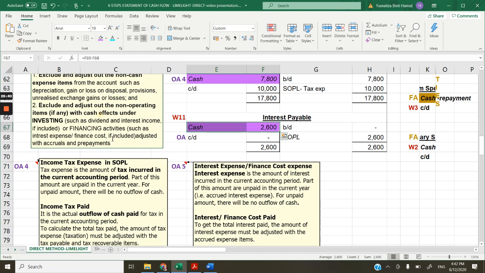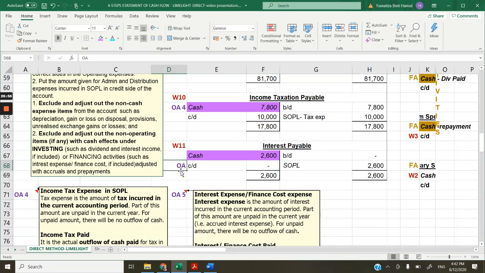And your interest paid is 2,600. In case you have a different figure here, maybe you have a balance at the beginning for the accrued expenses and a balance at the end as well, go and adjust that first. But for today, this is the figure, and these two figures will be transferred to the statement of cash flow, and that will be after cash generated from operations.